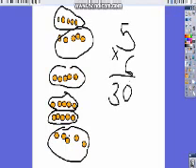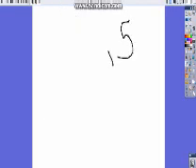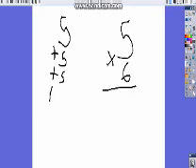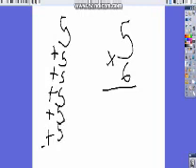Another way of doing this is by saying, okay, we have the number 5, and then we can add it 6 times. So 5 plus 5 plus 5 plus 5 plus 5 plus 5, 6 times. And we can add it up, and we will get 30. So 5, 10, 15, 20, 25, 30. And that would be our answer.